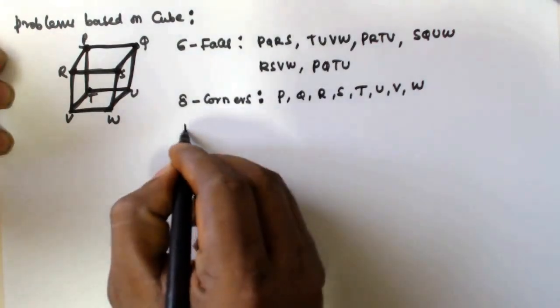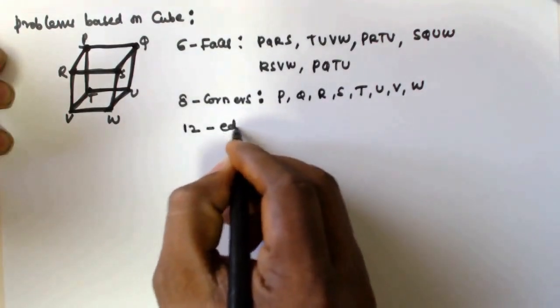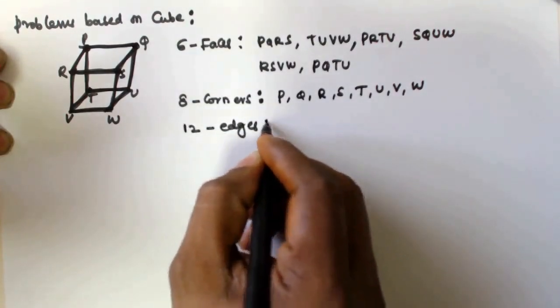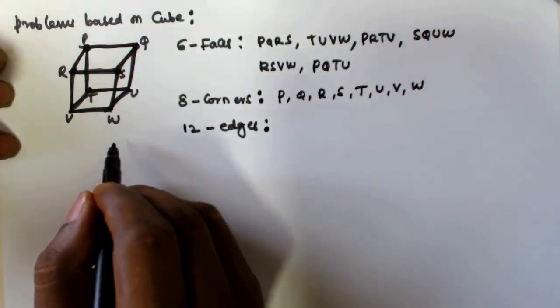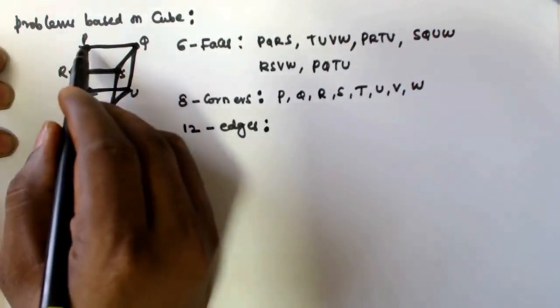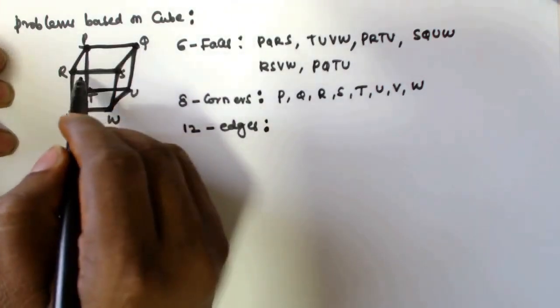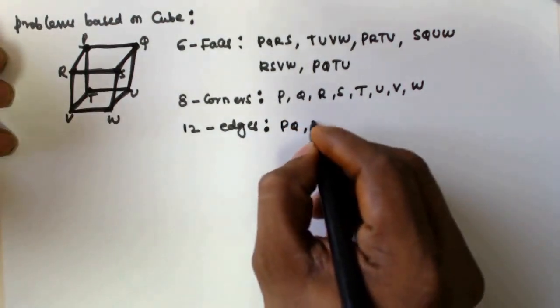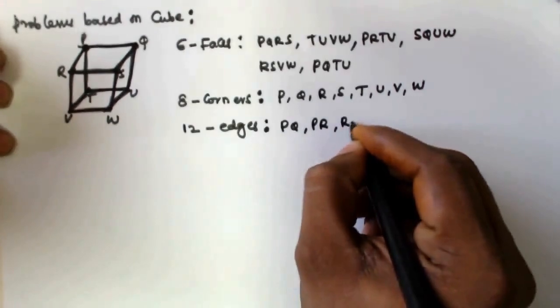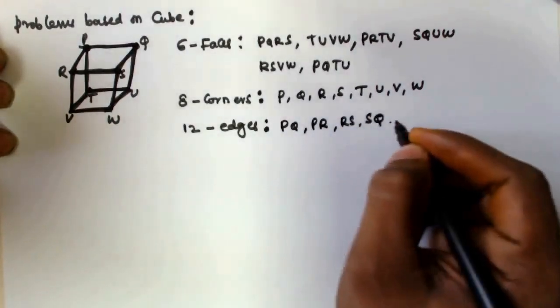When you take a cube, it consists of 12 edges. What is an edge? An edge is nothing but a line drawn between 2 corners. Here PQ is one edge, PR is one edge, RS is one edge and SQ is another edge.